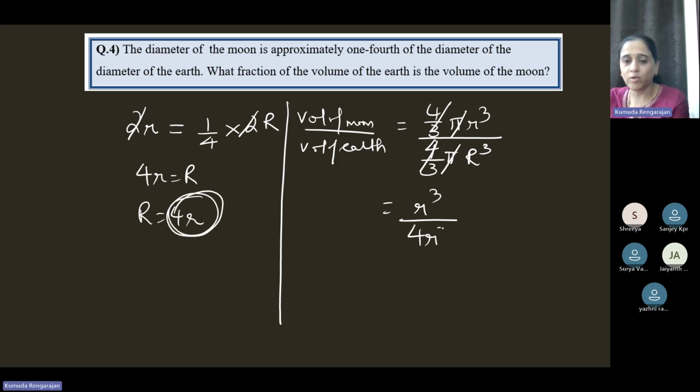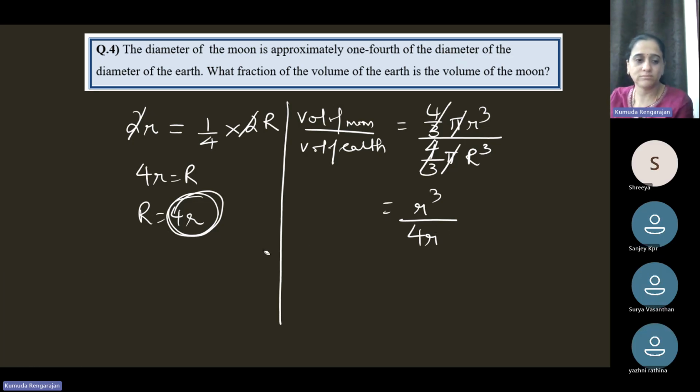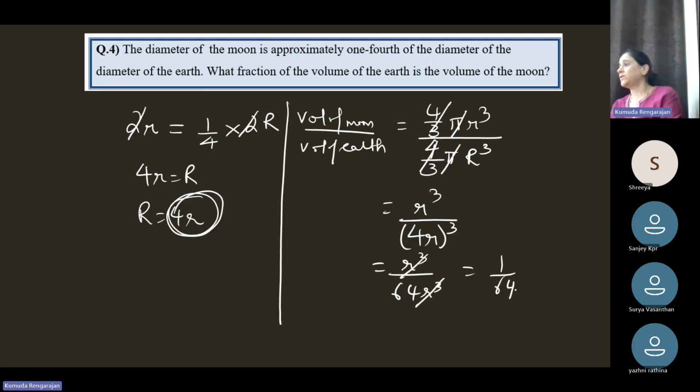Don't put 4R cube like this, it is wrong. 4R the whole cube. The ratio is 1 is to 4. So r cube by 64 r cube. R cube cancels, so the ratio is 1 by 64.